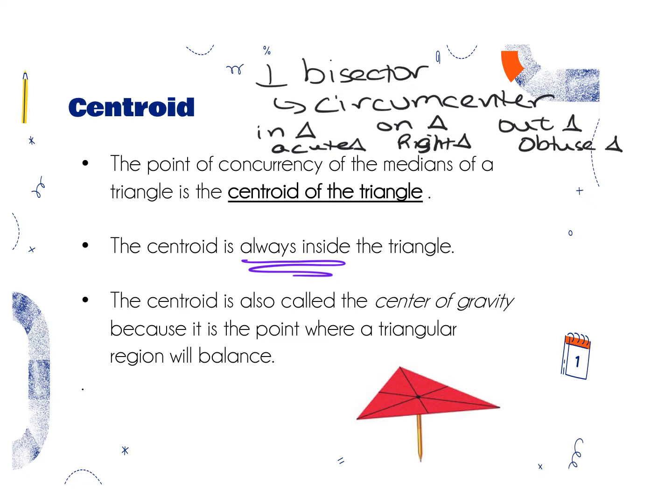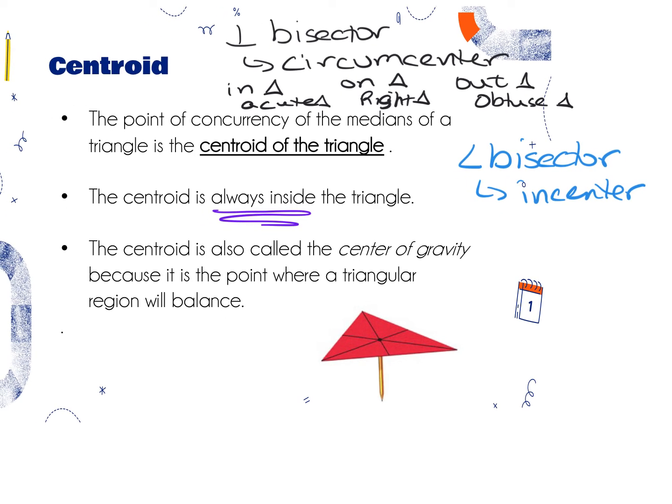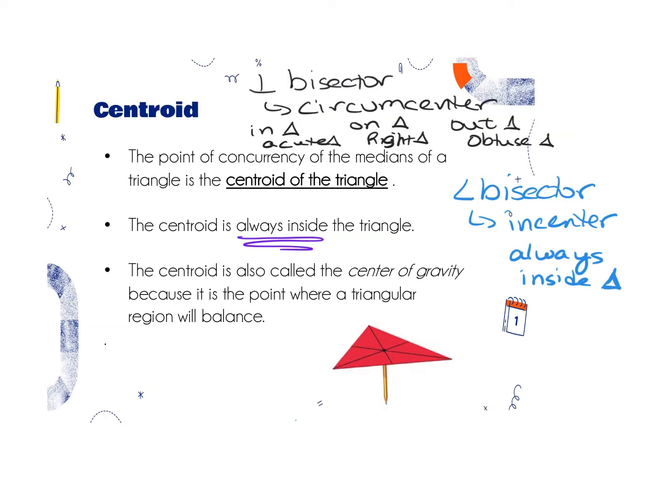Then the other segment that we learned about already was the angle bisector. And remember, its point of concurrency is called the incenter. And just like the centroid, it is always inside the triangle. You're going to need to memorize all of this.